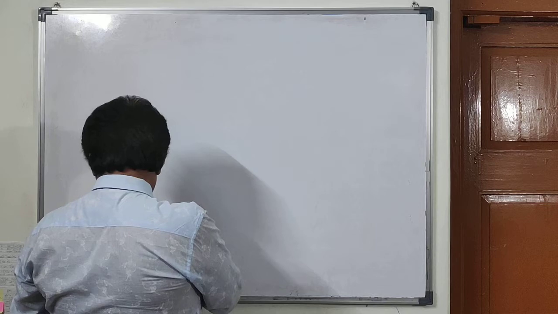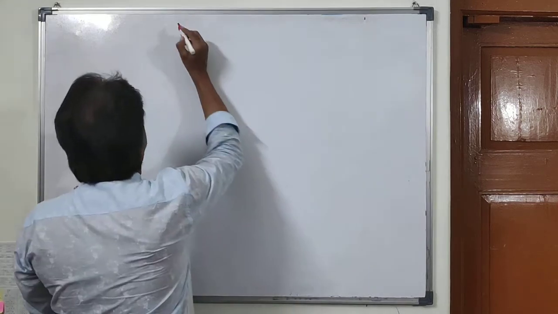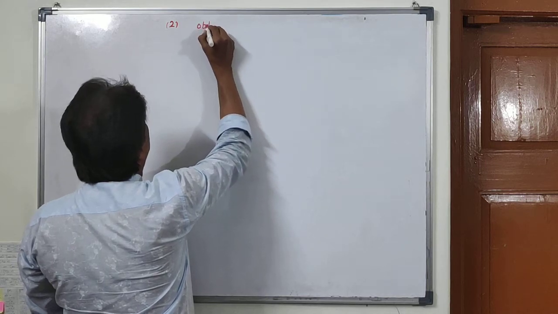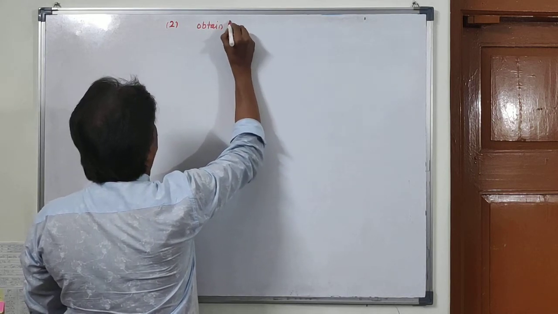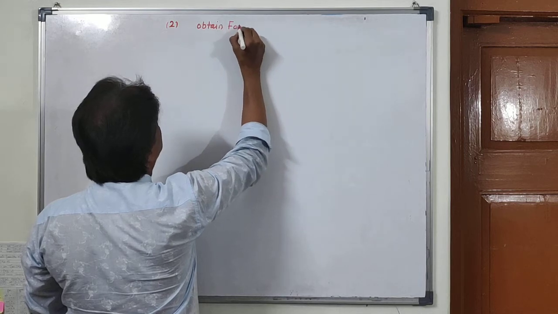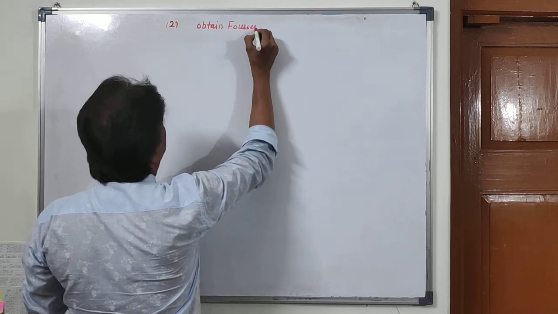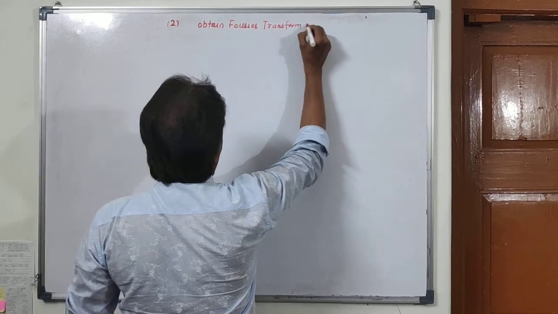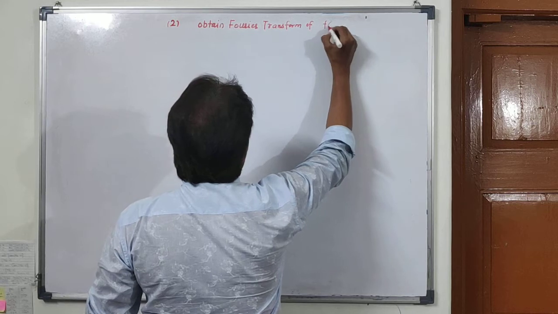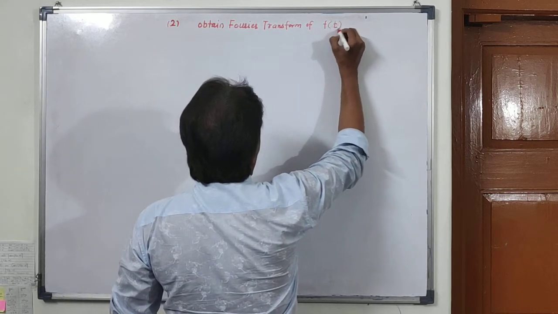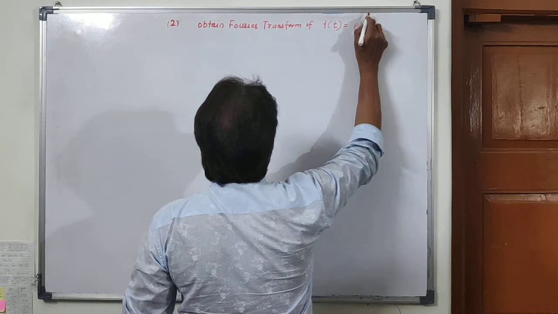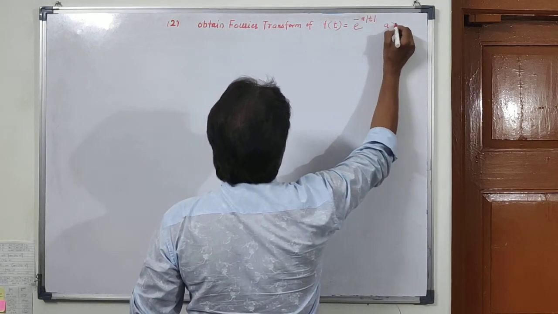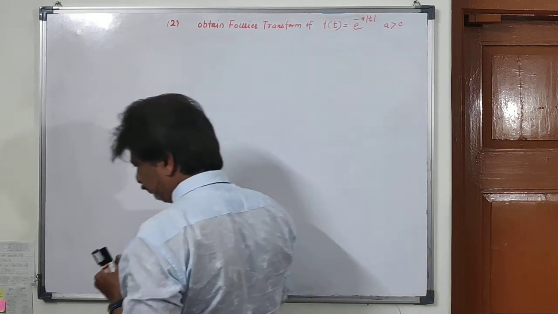Second example of Fourier transform of f of t is equal to e to the power minus a into mod of t, a strictly positive.